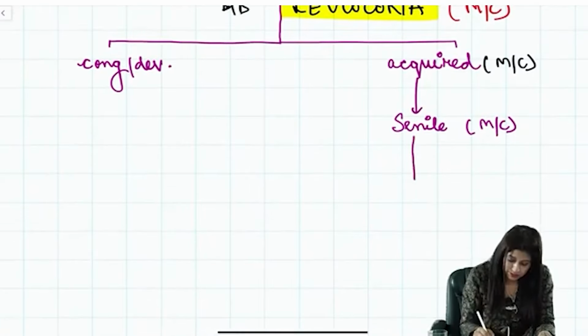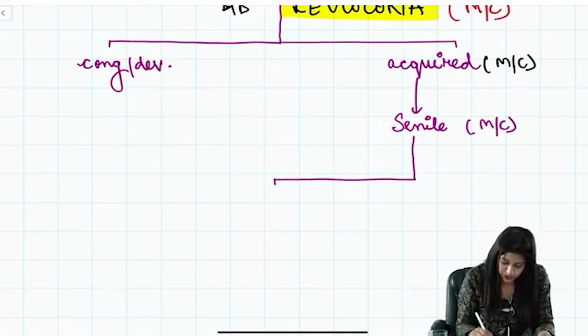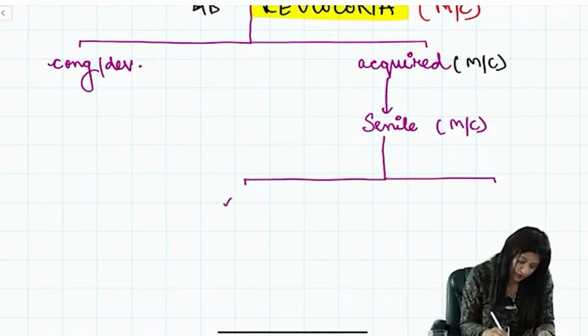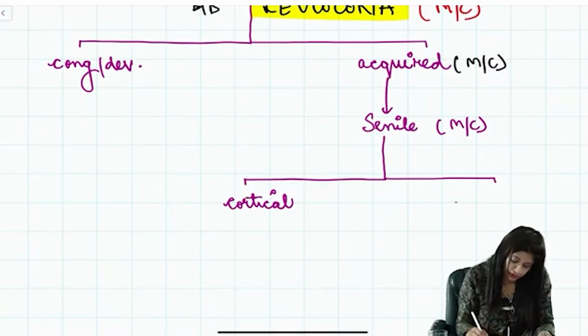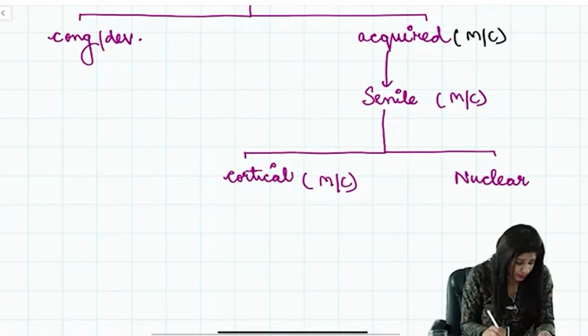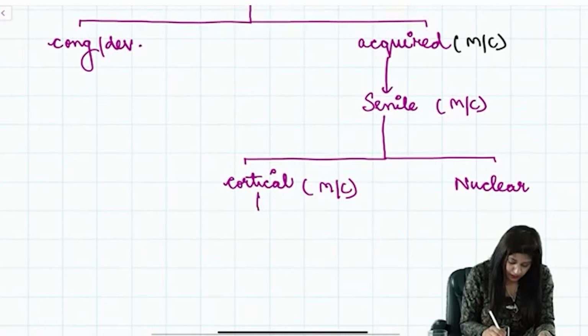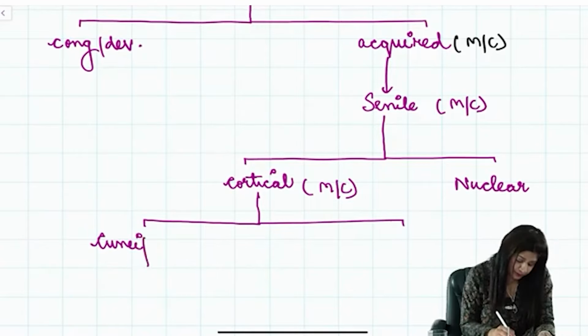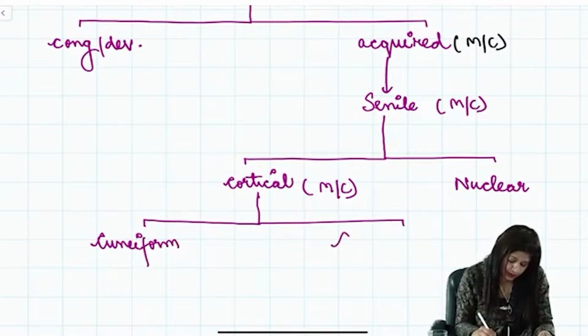And senile में we have two types. One is cortical and one is the nuclear. So it is the cortical which is more common, and then in the cortical we can have the cuneiform as well as the cupuliform.